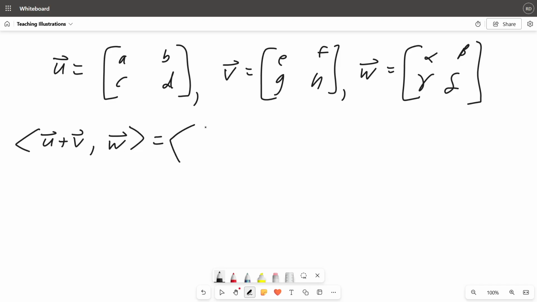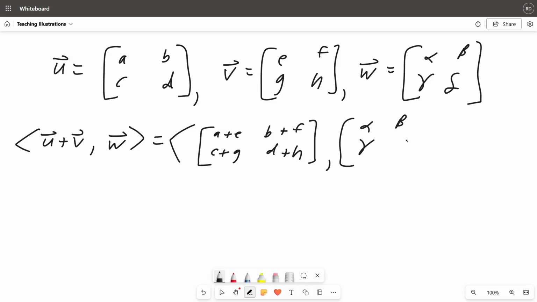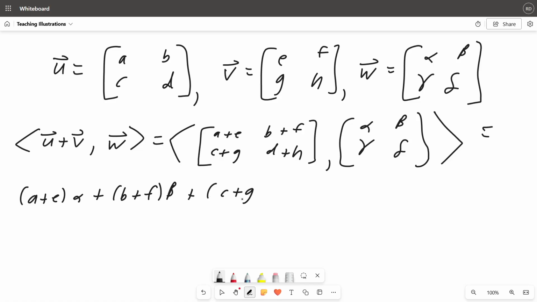So, it's the inner product of (A plus E, B plus F, C plus G, D plus H), comma, (alpha, beta, gamma, delta). Which would then become (A plus E) alpha, plus (B plus F) beta, plus (C plus G) gamma, plus (D plus H) delta.